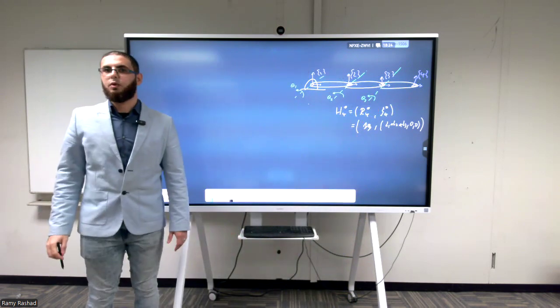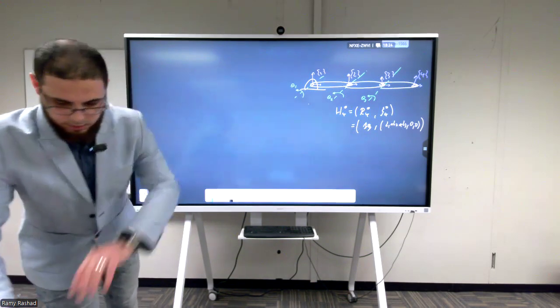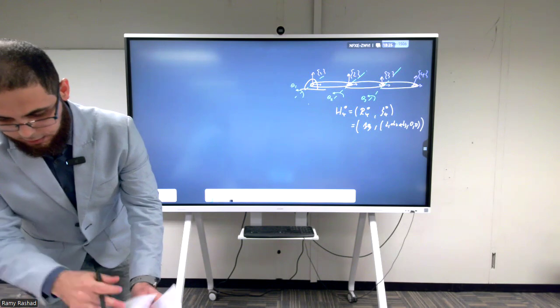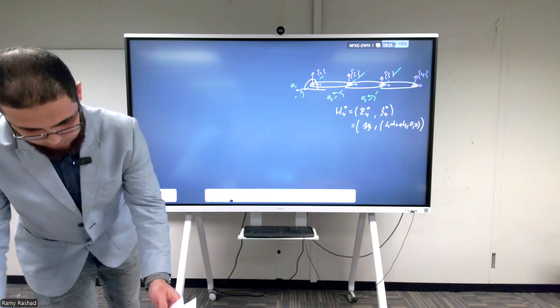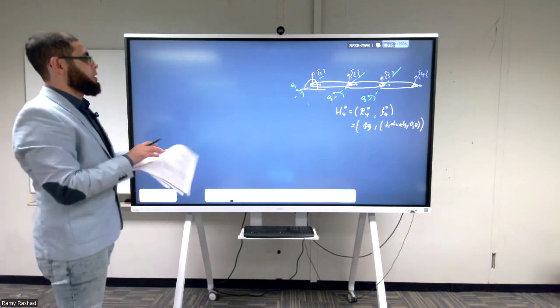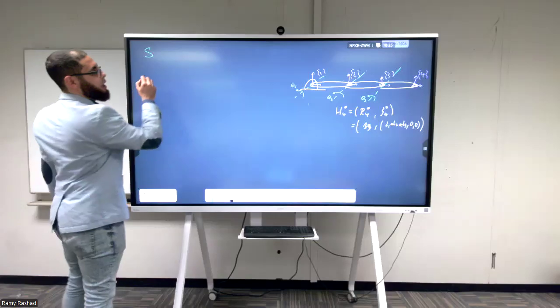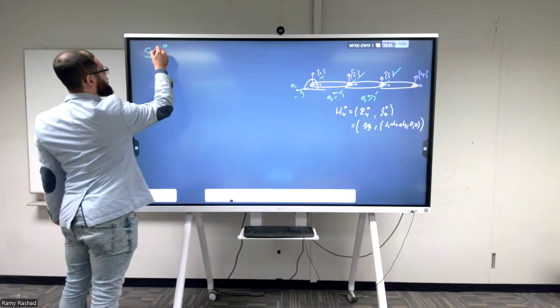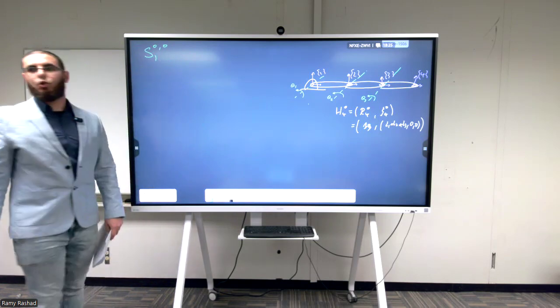Now let's do the following exercise. What we need to do now is write S of 1 with respect to 0, expressed in the 0 frame.